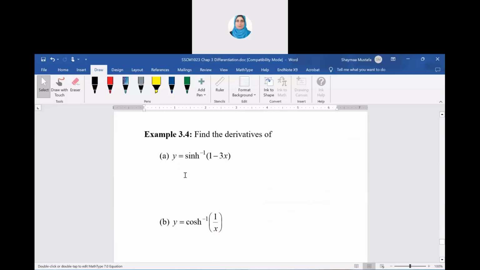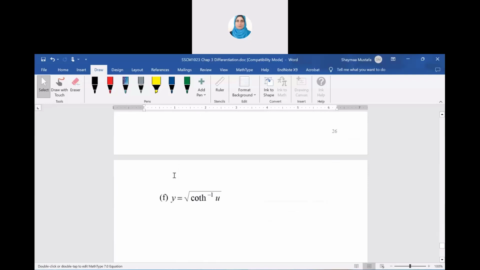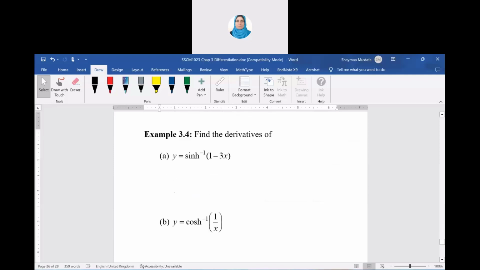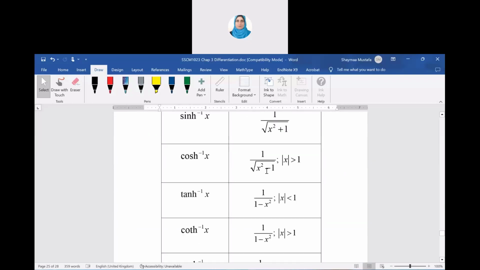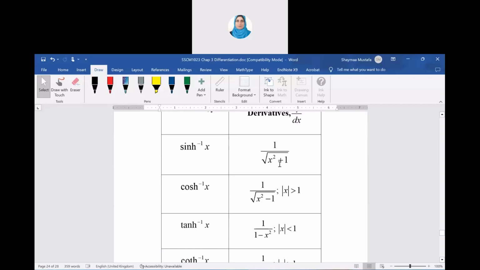Now we need to apply the rule to find the derivative. Find the derivative for sine inverse of 1 minus 3x. So here this is a direct one: dy over dx equals the derivative for sine inverse, which is 1 over square root of x squared plus 1.